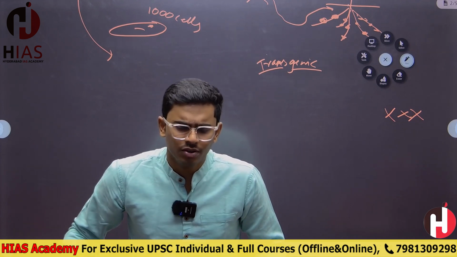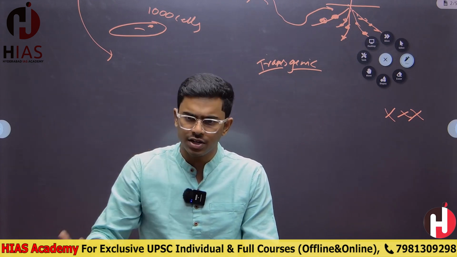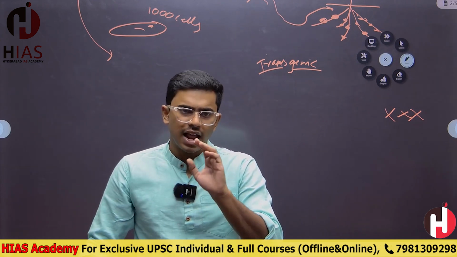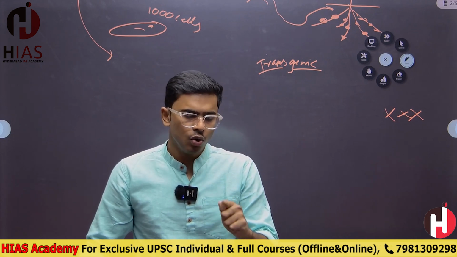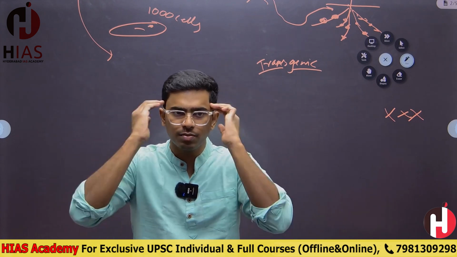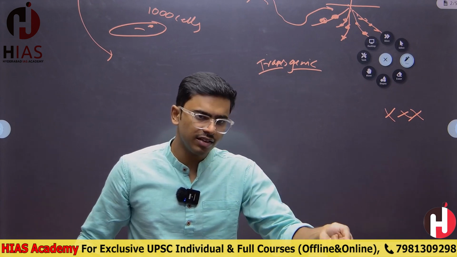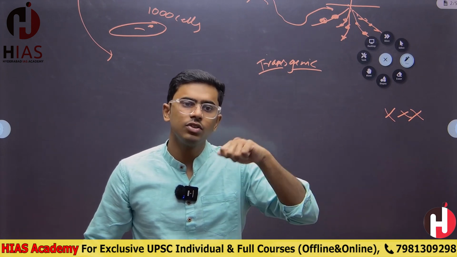See, in simple terms, if I have to describe a transgender person, transgender is someone whose biologically assigned sex is not the same as in his or her mind. So his biologically assigned sex is different from what he thinks of himself.